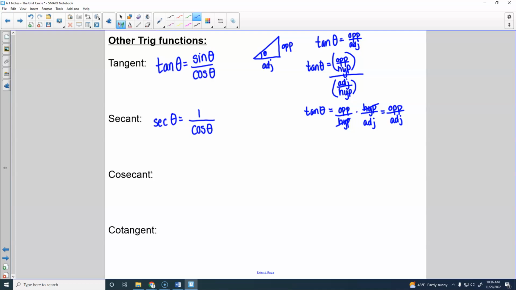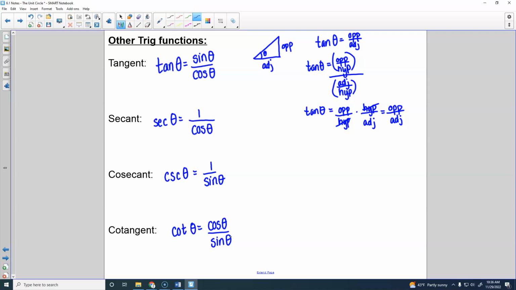So if we do 1 over that, it's just going to flip it. Cosecant of theta is 1 over sine theta. And then cotangent of theta is cosine theta over sine theta.